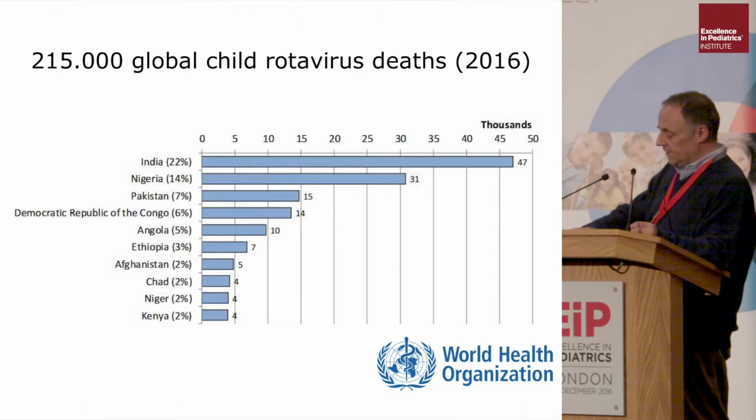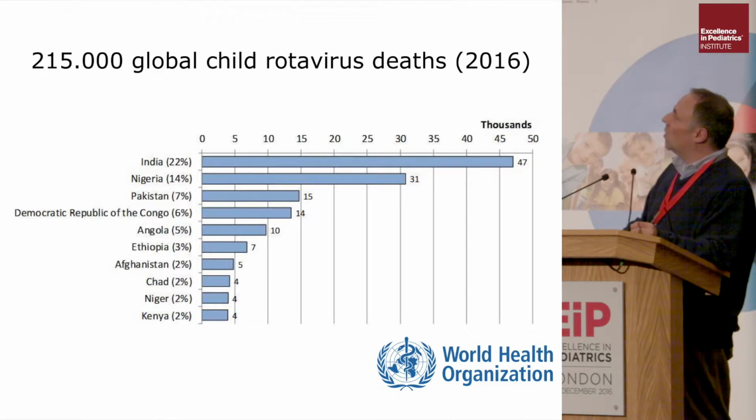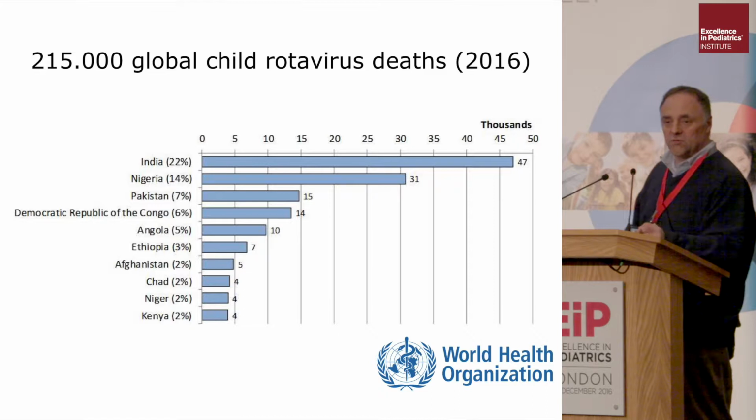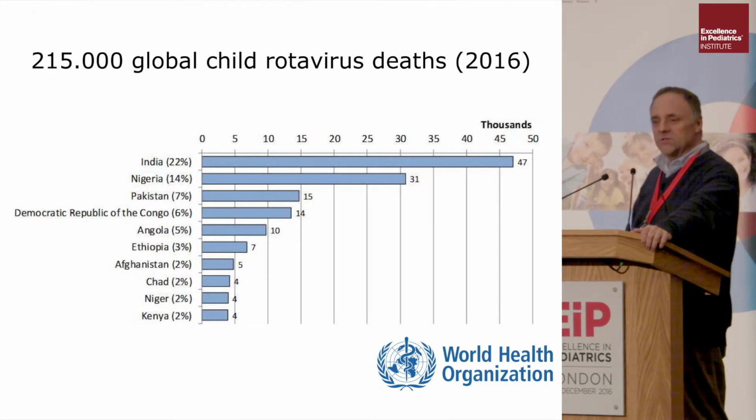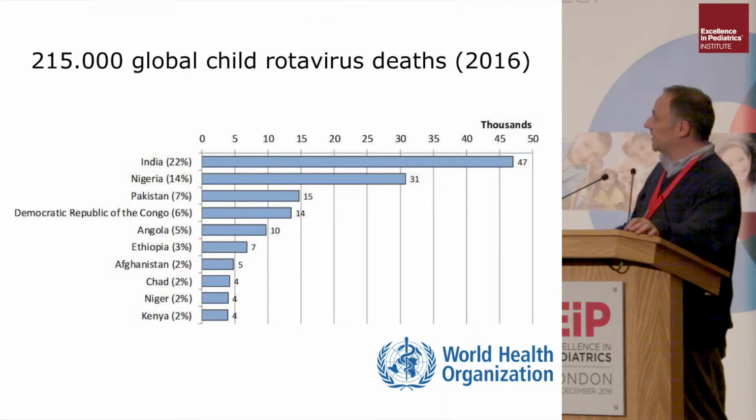The top 10 countries for rotavirus fatalities are listed here. India, and then definitely Nigeria, Pakistan, and the Democratic Republic of Congo are the most affected countries, where, besides rotaviruses, they have many other problems that contribute to this situation.